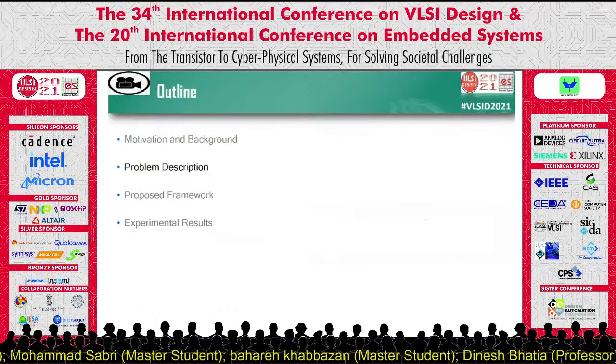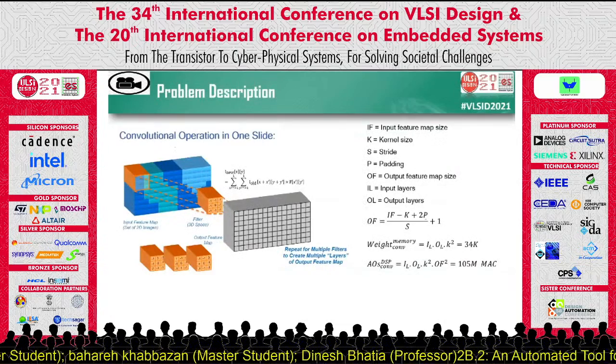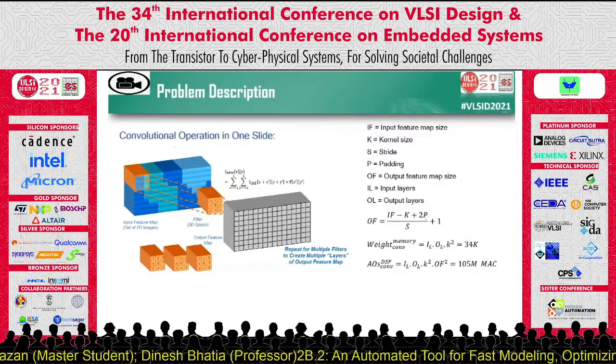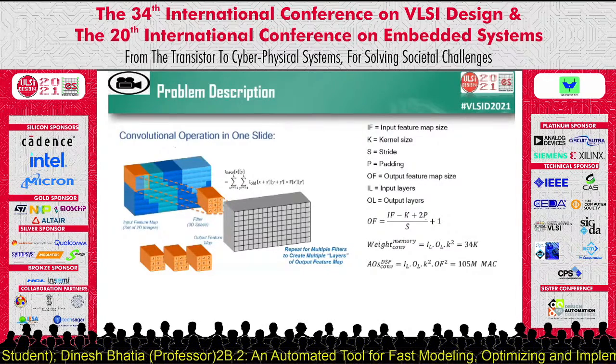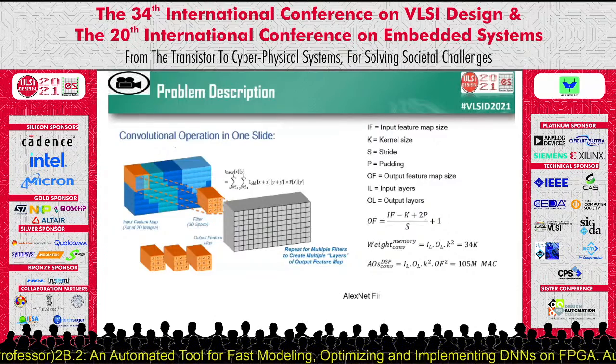Let's go to the problem description part. A convolution layer consists of a large number of matrix multiplications and additions. The amount of required data of each convolutional neural network conv layer can be calculated using these equations.